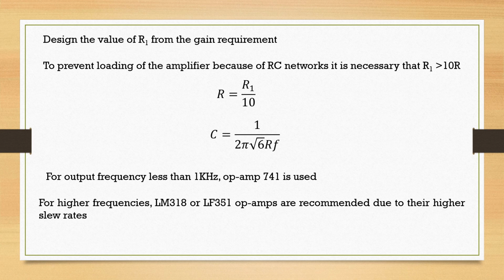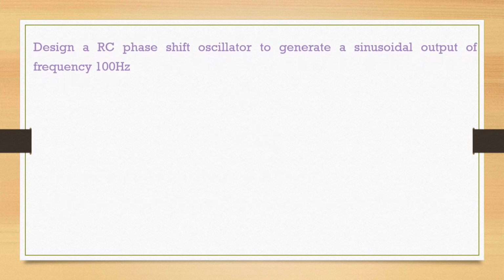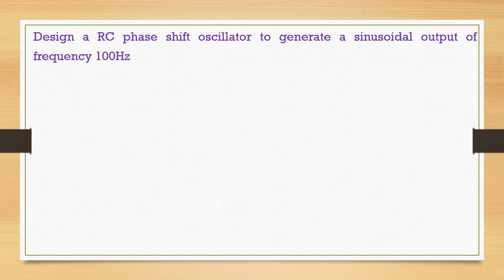So now we will solve a problem related to this and see what are the conditions to be satisfied. Design an RC phase shift oscillator to generate a sinusoidal output of frequency 100 Hz. They have here mentioned only the frequency of 100 Hz, so F0 is known to us.